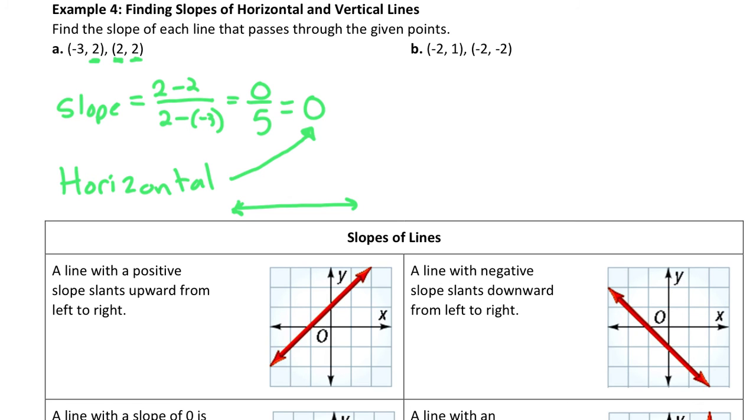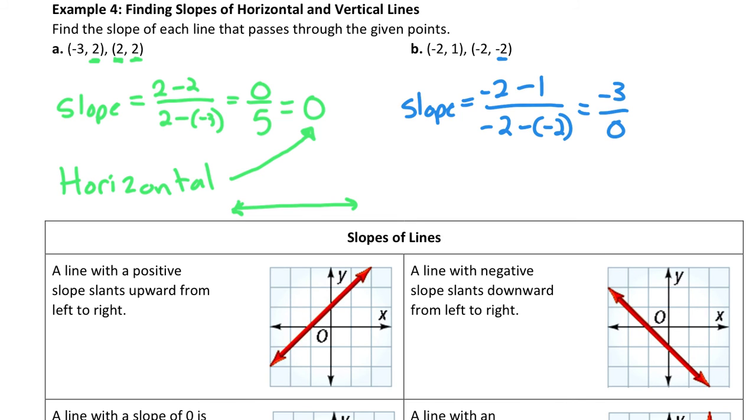For part B, I'm going to do this in blue just to keep things a little bit separated. The slope of this line: y2 is negative 2, y1 is 1, x2 is negative 2, x1 is also negative 2. So this becomes negative 3 over 0.